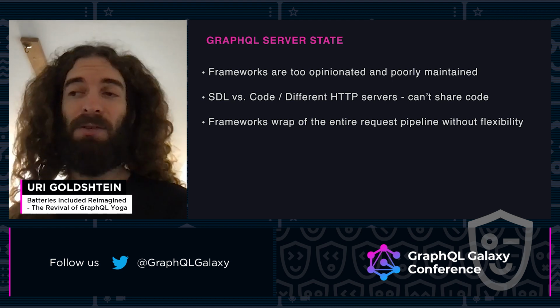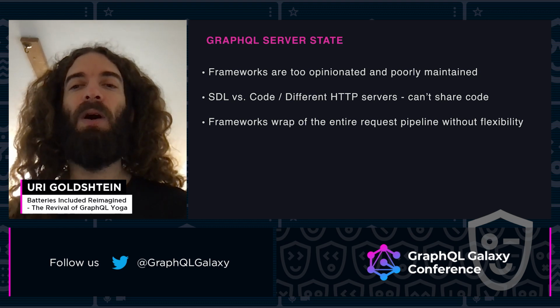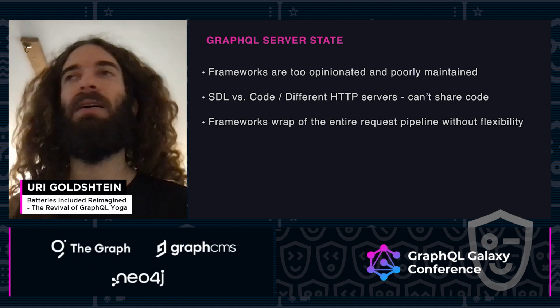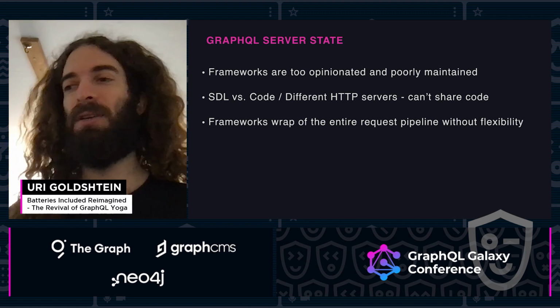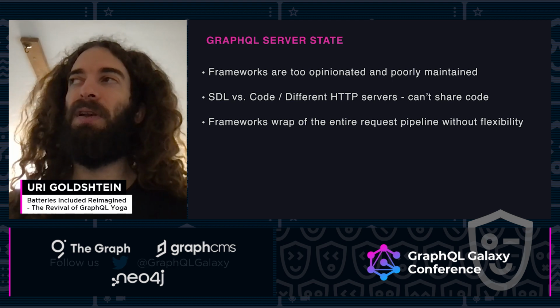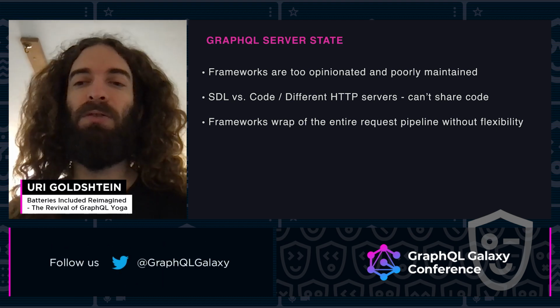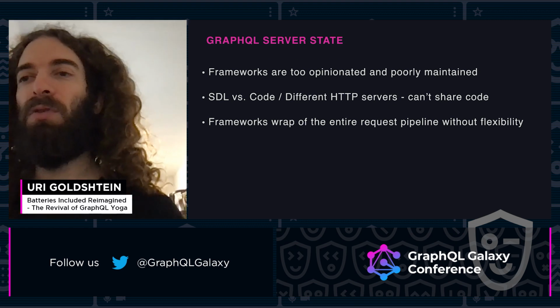And second of all, sometimes you're deploying in different environments, like Edge, Cloudflare Workers and Edge deployments, and you want the full flexibility. You want to hook into this system and have the full power, so you can deploy it anywhere.